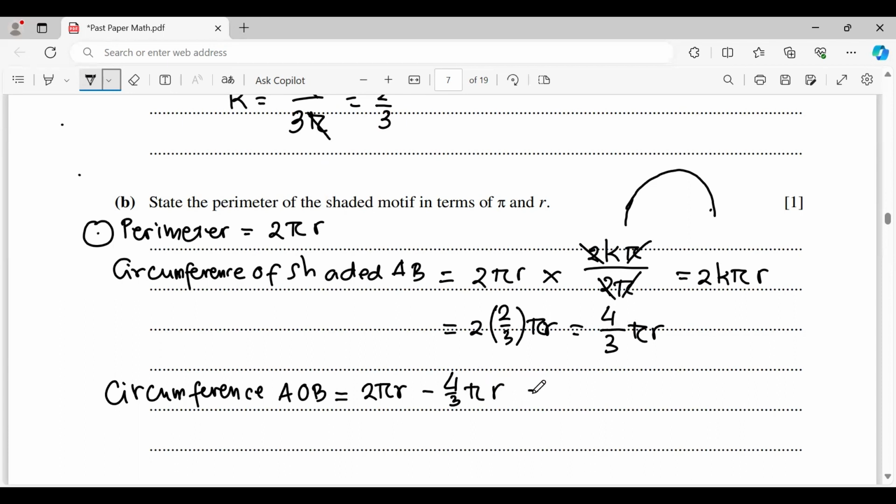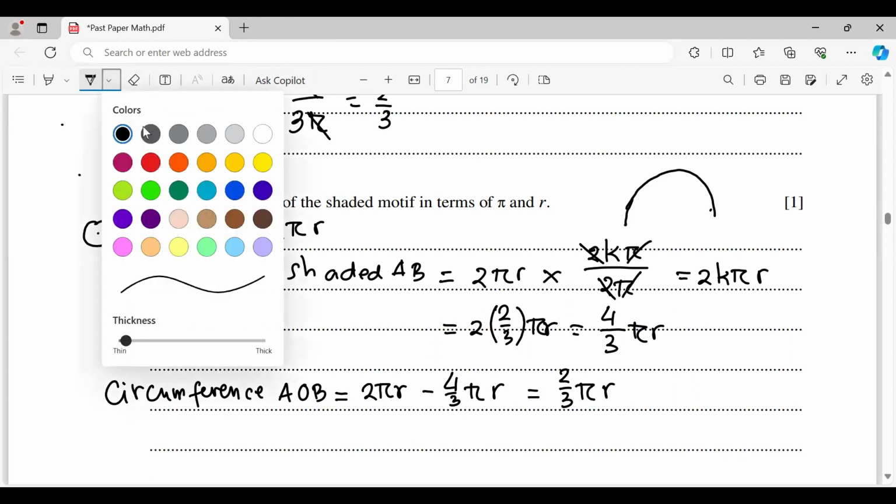It is 2 times 3, 6, 6 minus 4, 2. 2/3 pi r. That's for AOB, for this one.